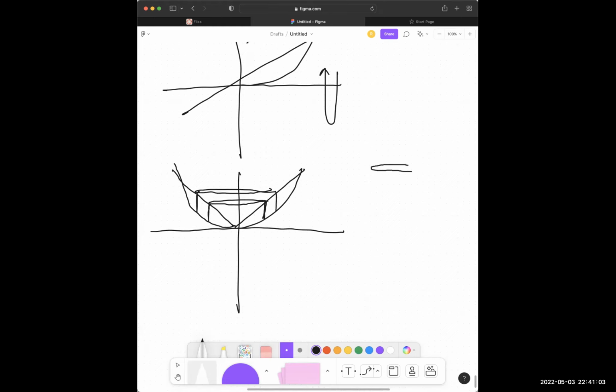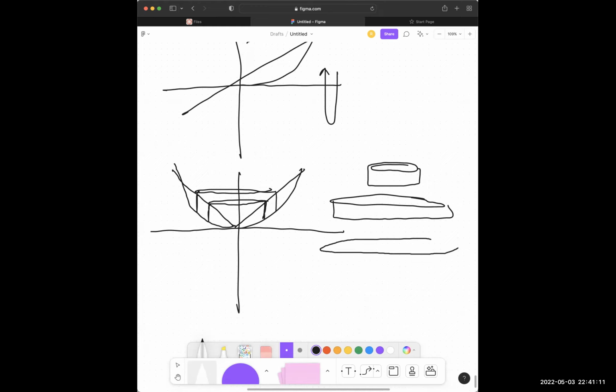You have one shell, and the next shell you draw is substantially bigger, and then the next is even bigger than that. These shells progressively get bigger and bigger, or smaller and smaller.